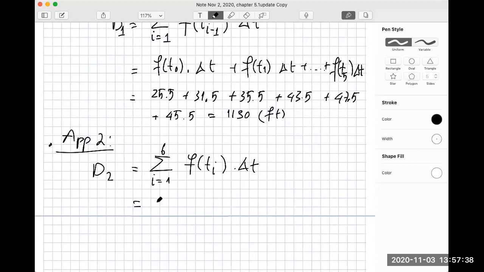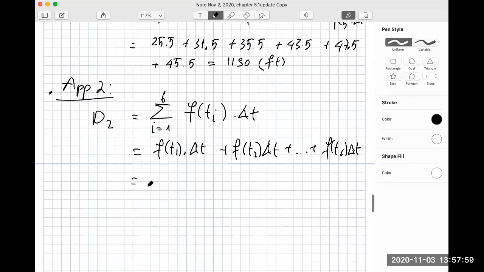And it will be f of t1 delta t plus f of t2 delta t, etc., until f of t6 delta t.